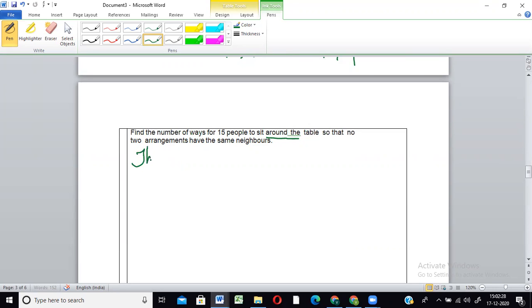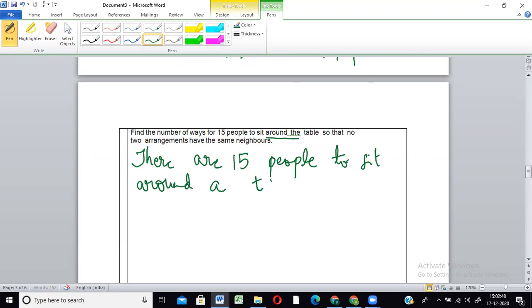So we will start. There are 15 people to sit around a table. Now, they can be arranged in how many ways?